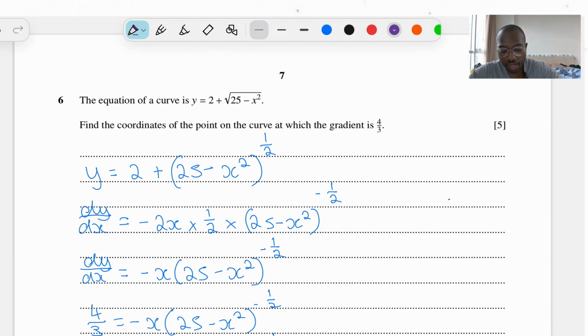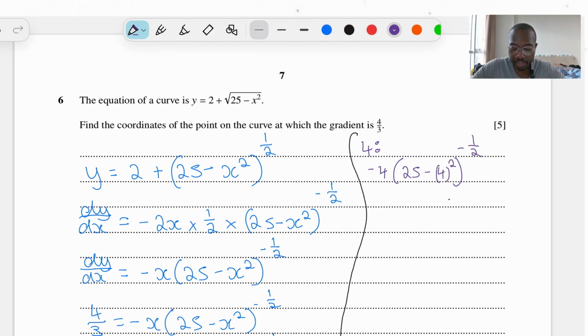So what you can do now, if we know the gradient should be 4 over 3, is put our x values into our dy over dx and see if we get 4 over 3. Let's start with the positive 4. If we put that into dy over dx, that will be minus 4, then 25 minus 4 squared, to the power of negative a half.